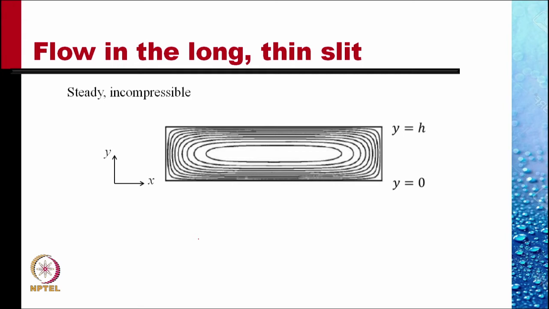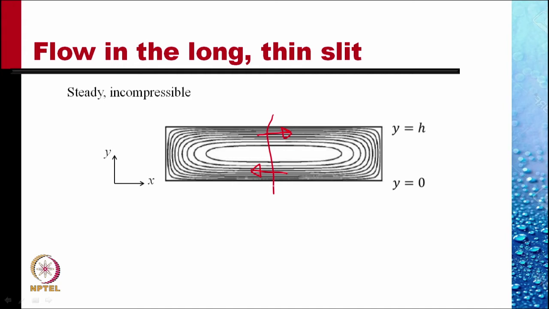The fluid in the upper part would be moving towards the right, and fluid through the lower part would be moving towards the left. Across any section, it should be easy to see that the net volume flow rate should be 0.